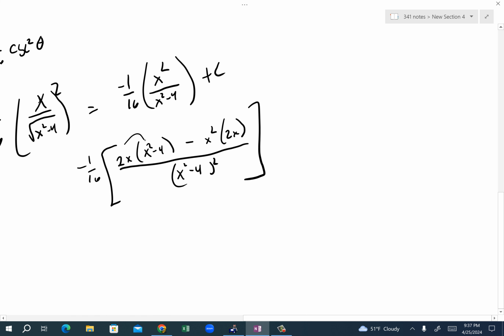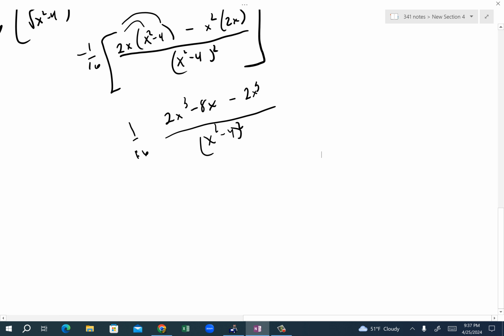So that's 2x cubed minus 8x minus 2x cubed, all over x squared minus 4 squared, negative 1/16 when it's all said and done.